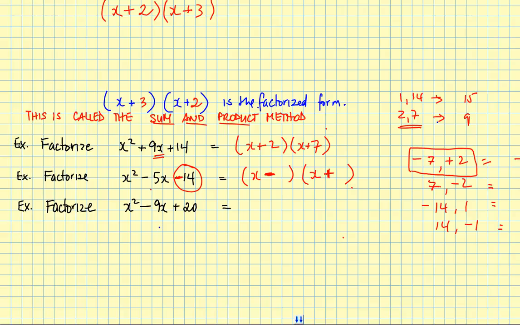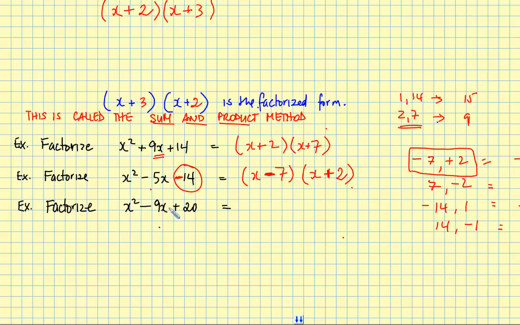The others would give me 5, negative 13, and positive 13. Okay, so my answer then is going to be x minus 7 and x plus 2.